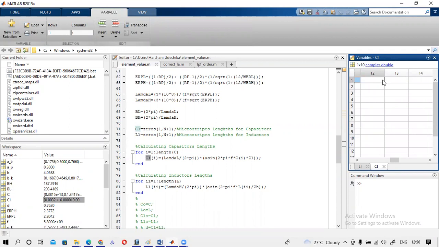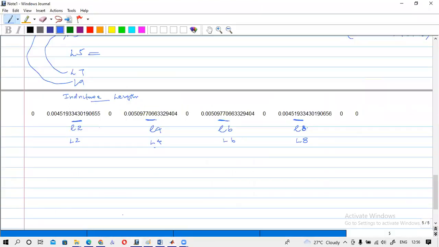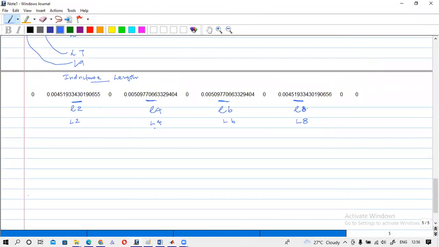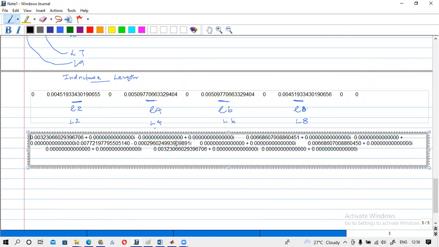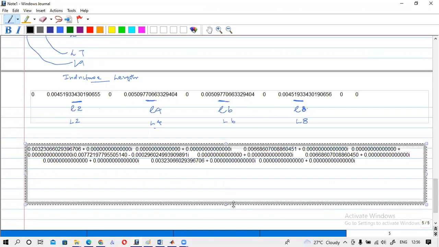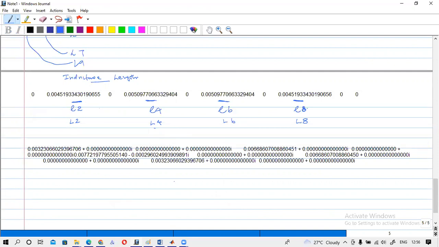There should be 5 lengths, because there are 5 capacitances. So these are the capacitance lengths, and this is one length.